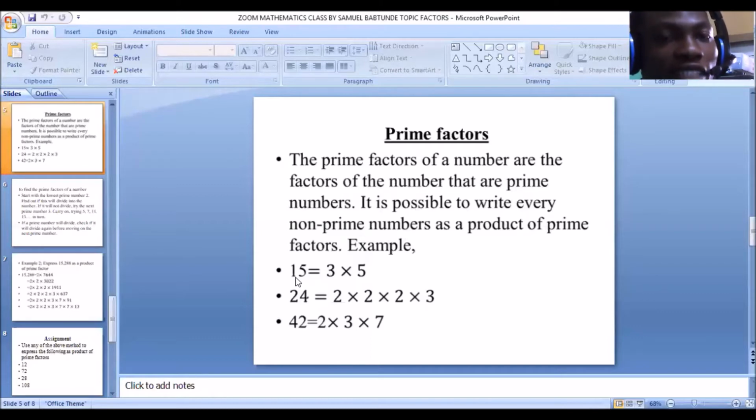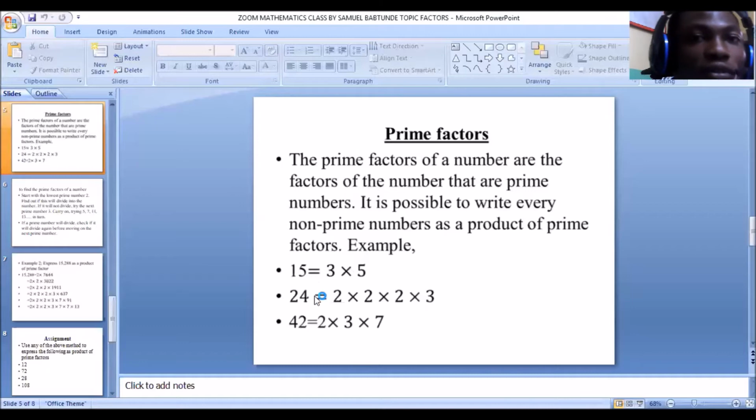Out of all the factors of 15, which are 1, 3, 5, and 15 itself, which of these are prime numbers? 3 and 5. So to express 15 as a product of its prime factors, I just pick out my 3 and 5, and I say 3 times 5 will give me 15. So now I have expressed 15 as a product of its prime factors.